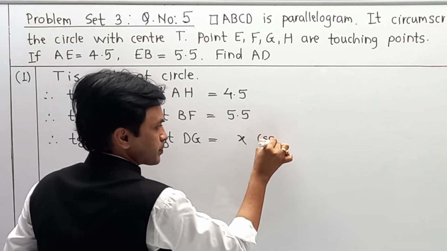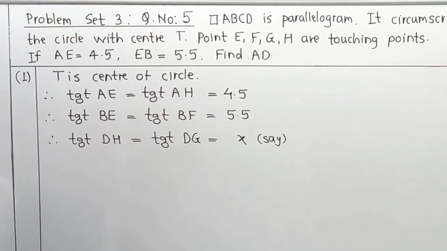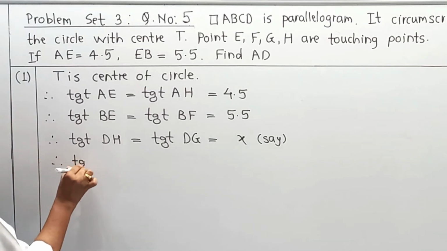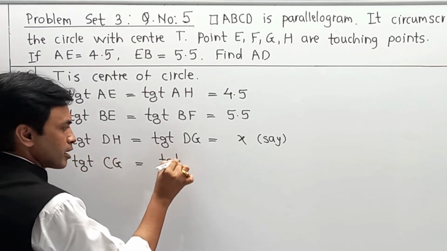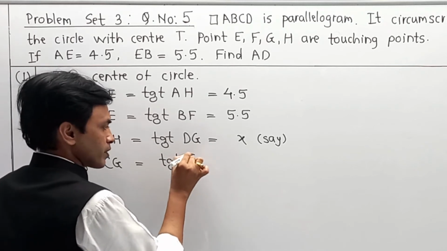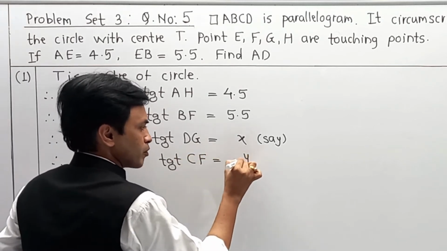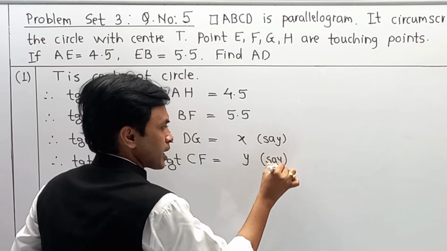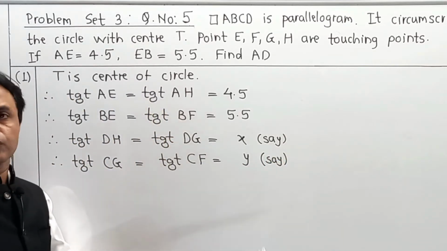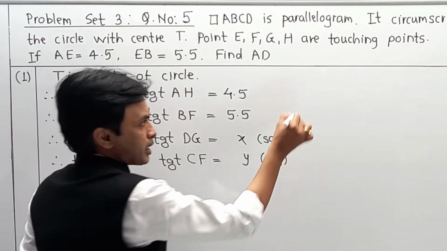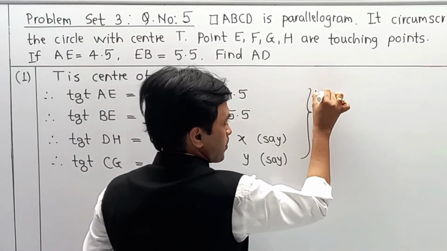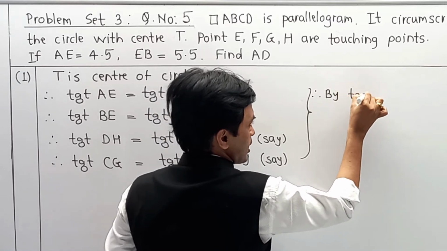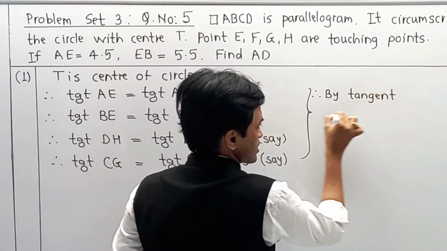And the last part: tangent CG is equal to tangent CF, which is equal to y. For all four, these are tangents to the same circle. Here, by the tangent segment theorem.